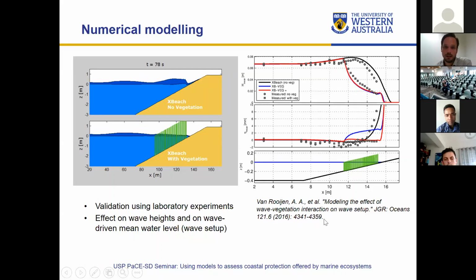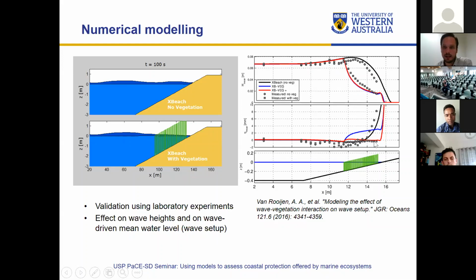dissipation. One key aspect that hadn't been looked at much is the effect on wave setup. When you have waves propagating towards the beach, especially if they're quite big, they also increase the mean water level, which we call wave setup. And typically that effect's ignored.